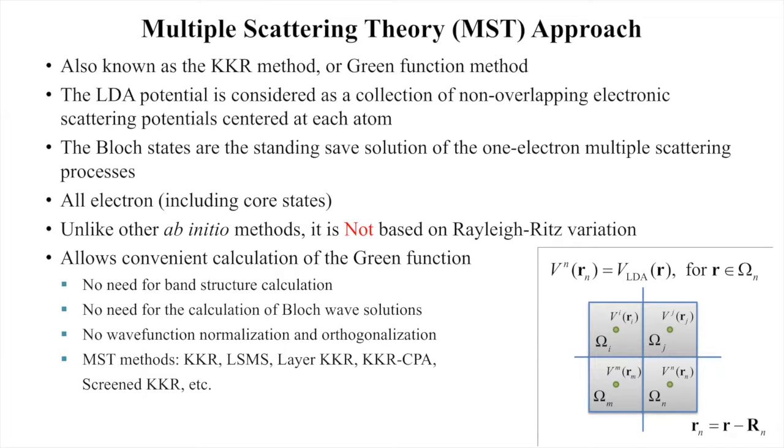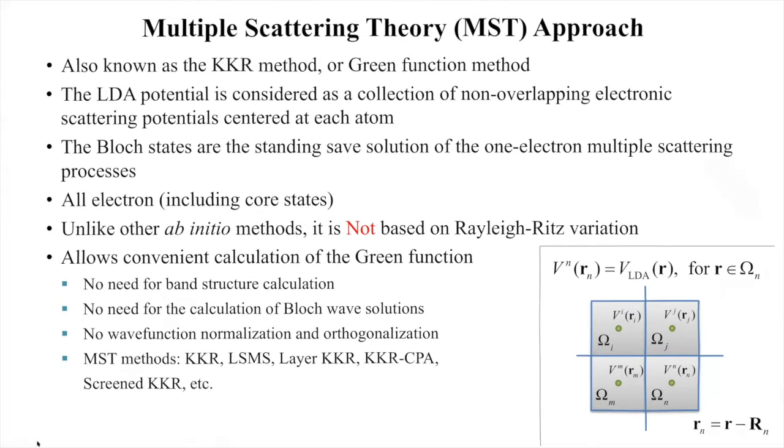Given the Green function, we can determine the charge density directly. The charge density is the essential quantity we want to calculate. Based on this multiple scattering theory, people have developed methods like KKR, RSMS, which is the real-space version of the KKR method, and other methods combined with CPA, so you can deal with random alloy problems.